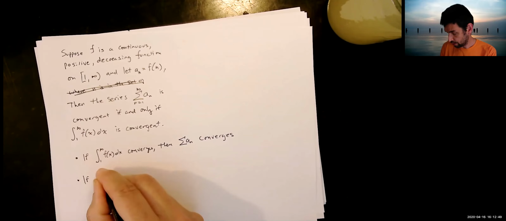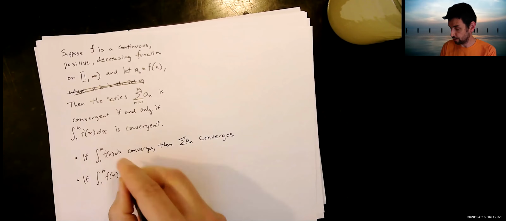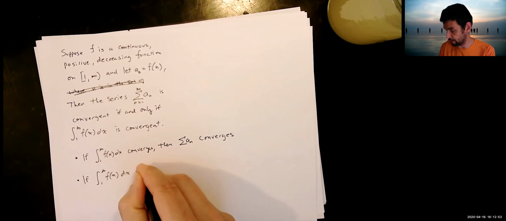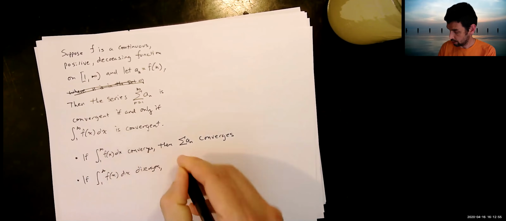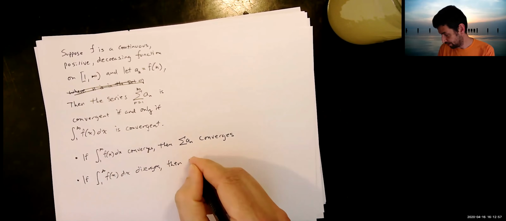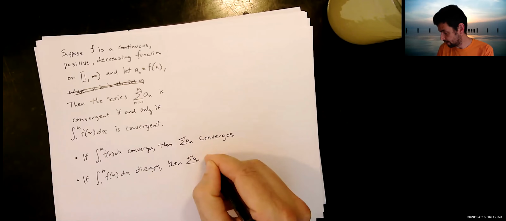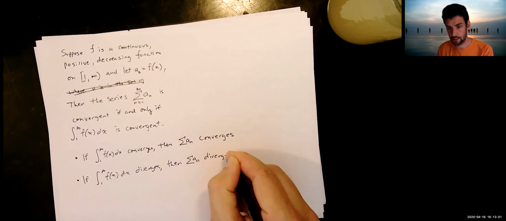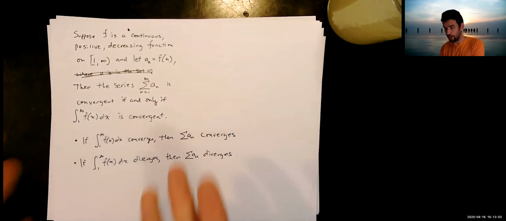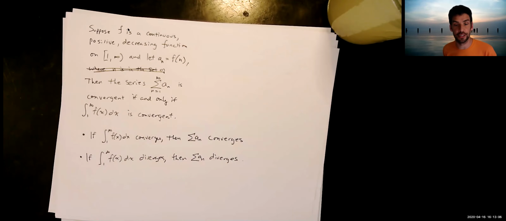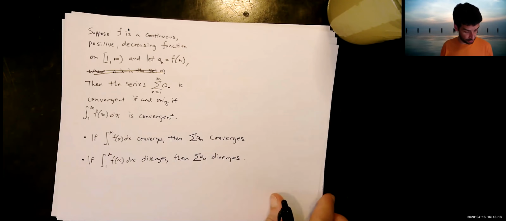And if the integral from 1 to infinity of f of x dx diverges, then the series diverges. Okay, so that's already up there. I just want to make it perfectly clear what this is. So this is another great test for us, right? Because we know how to handle integrals, or at least some of them. And so if it turns out that that's available to us, we can use it.